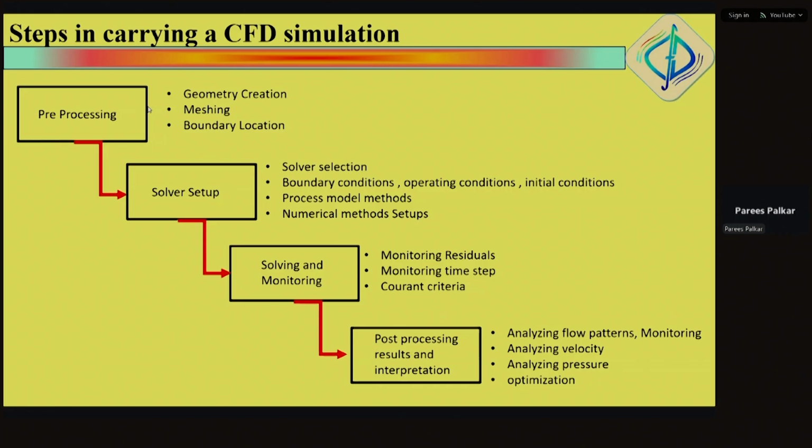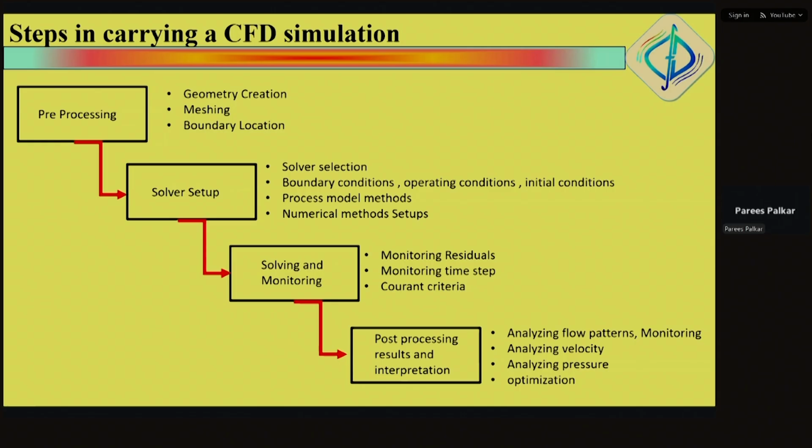The first thing is geometry creation. In pre-processing, there are three parts. First is your geometry creation. You can create geometry using any external CAD modeling software, like FreeCAD or SolidWorks. You can use CATIA as well.